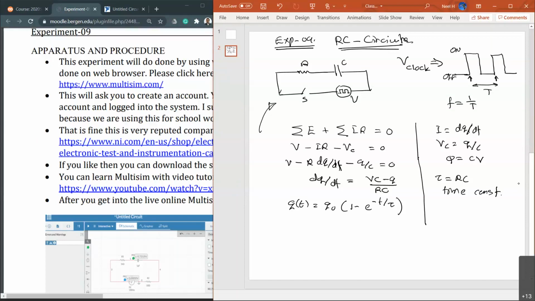If you put in the units for R and C, you automatically get the unit of tau as seconds. That's how we know it should be a time constant, because this is e to the minus t over tau, so the exponent should be just a number without any unit. So tau must have the unit of time. All of those should be validated properly. We discussed this some time ago, so I would expect you to remember that.